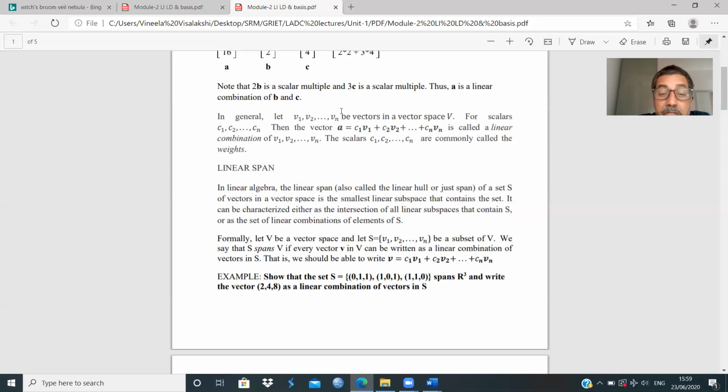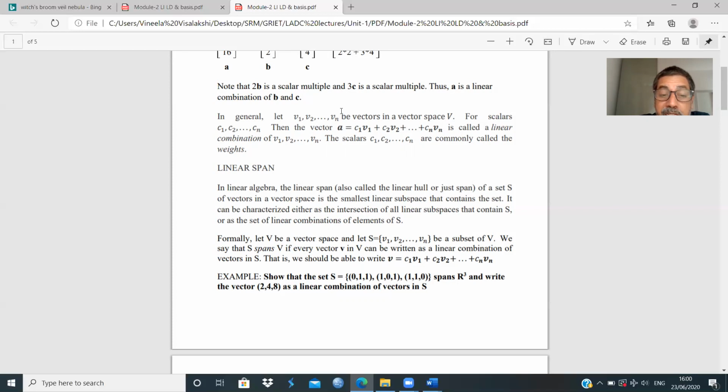Now let us see a small illustration. Consider this set (0, 1, 1), (1, 0, 1), (1, 1, 0) in the space R3. We say S will span R3 if we are able to express any vector as a linear combination of these three vectors.